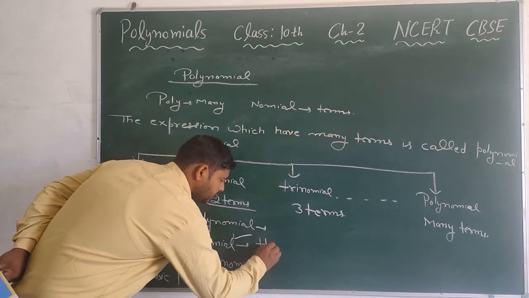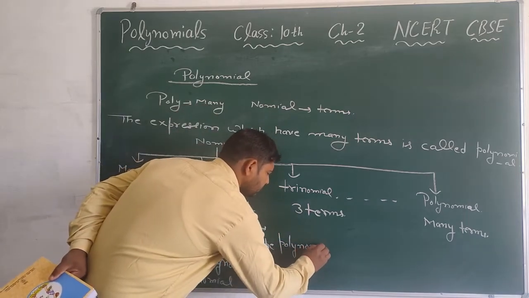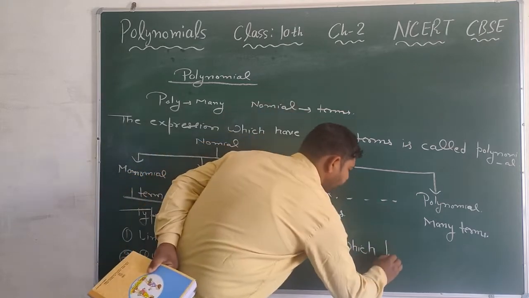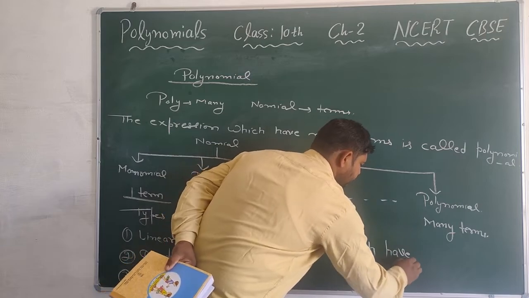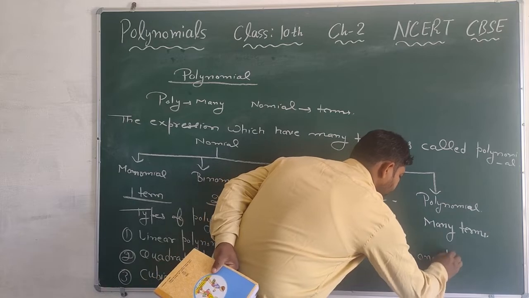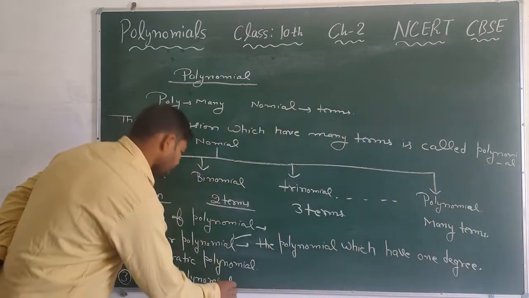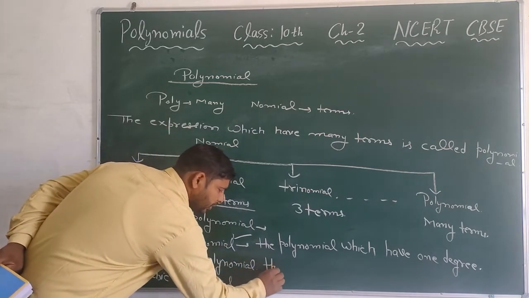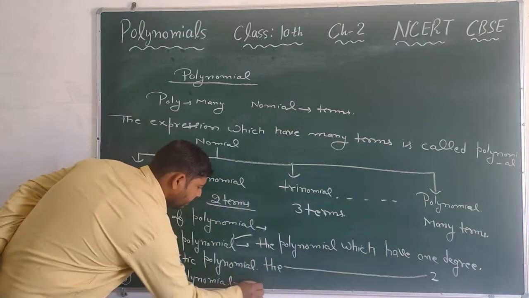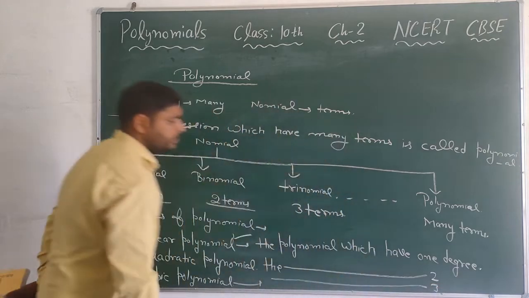A quadratic polynomial is a polynomial which has degree 2. A cubic polynomial is a polynomial which has degree 3.